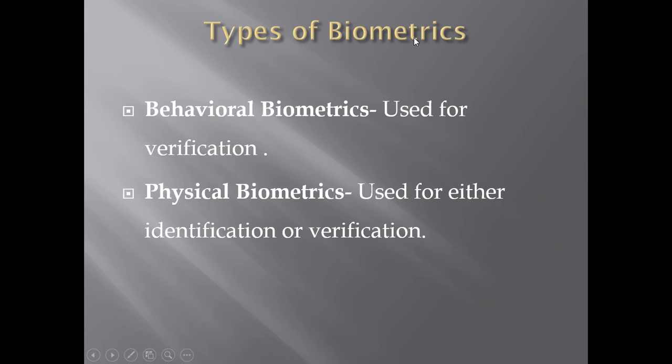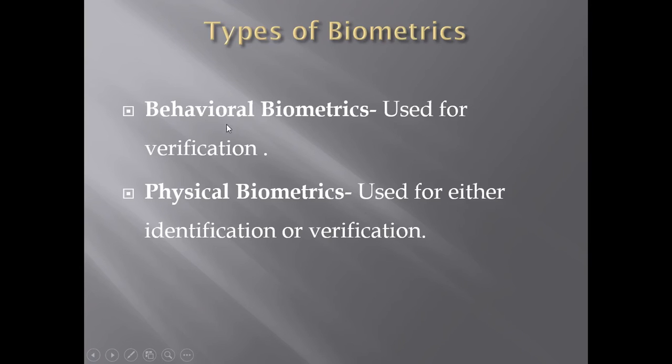There are various types of biometrics, and the major ones are behavioral biometrics, which is used just for verification, and then physical biometrics, which is used either for identification or for verification.